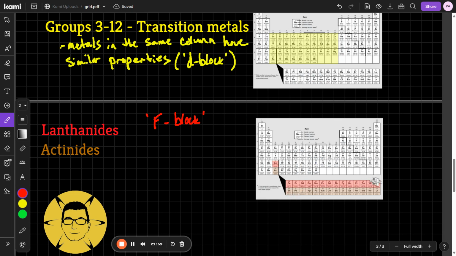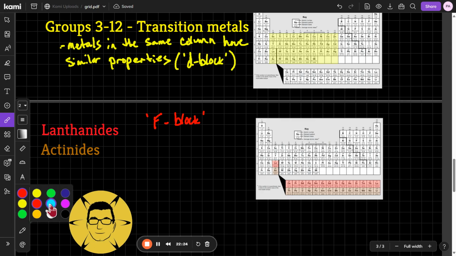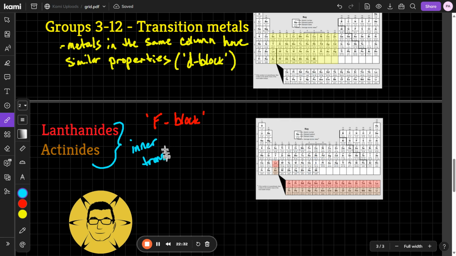And so the series that follows it in the F block are called the lanthanides. Okay, and then the brown one right here is called actinium, and so the ones beneath that are called the actinides. Okay. All of these together are called the inner transition metals.